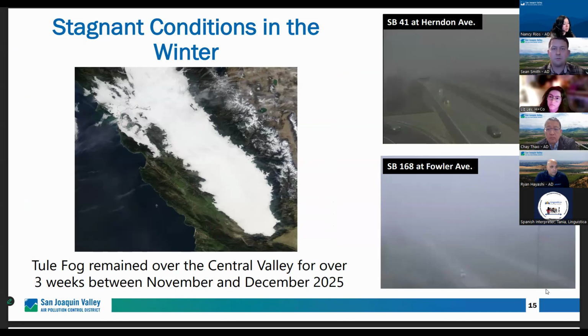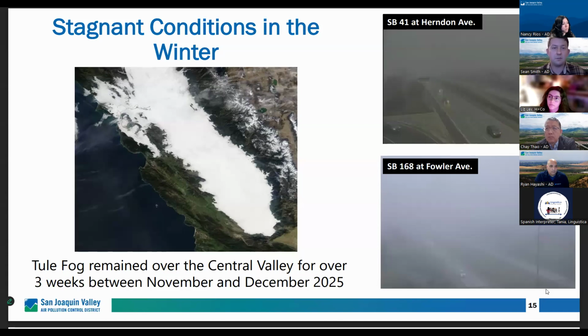So as I mentioned before, with the elevated PM levels in the valley, the Air District did issue a statement regarding the stagnant weather conditions in the winter. That November to December period, we had 22 consecutive days of Tule fog, which is very thick and congested the valley for those several weeks.